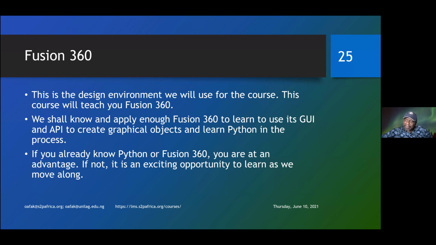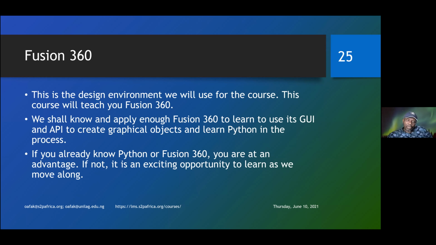And later on, we might add another component like computational fluid dynamics to add to your panoply of software to be able to do more simulation when you are doing multi-physical problems, when wind and fluids are interacting with solid interfaces. But right now, we are just going to ask you to install Fusion 360.